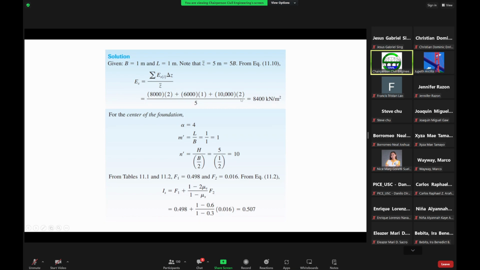From there, we can get the average elastic modulus.